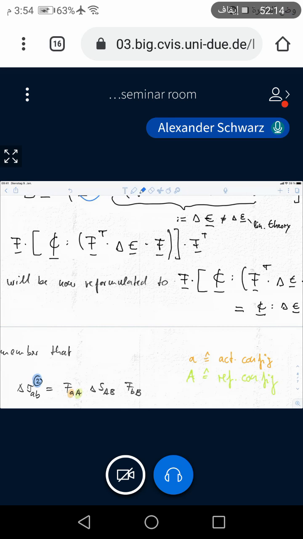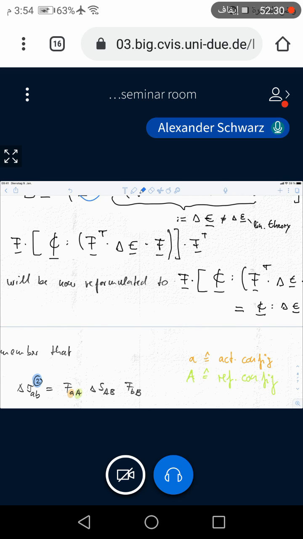A small letter is an actual configuration index, and an uppercase letter, so the large A, is a reference configuration index. That means F, for example, is a two-field tensor.